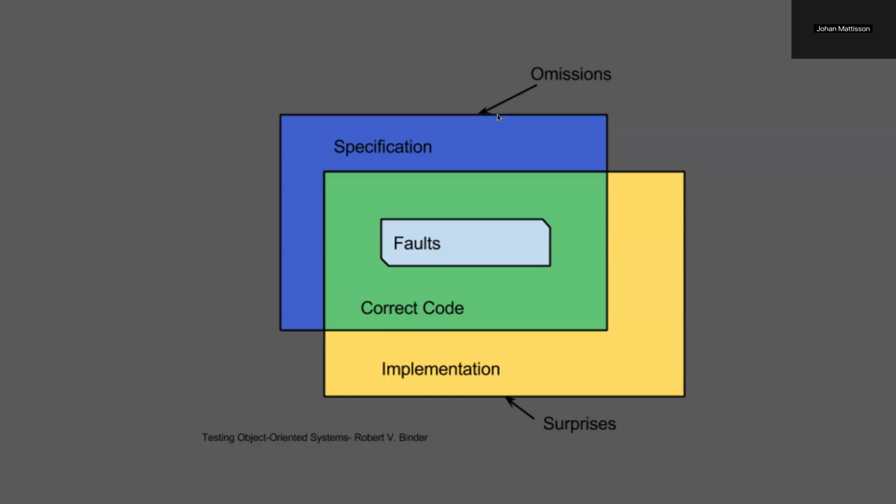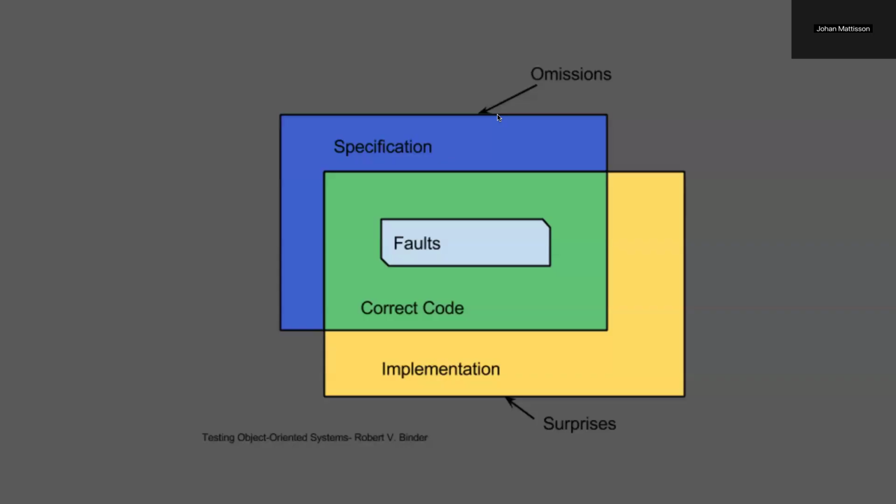So here in the green part is where the specification and the implementation overlap. So that is the system that we're interested in, right? And if we find something where the implementation and the specification don't match, we get a fault, right?